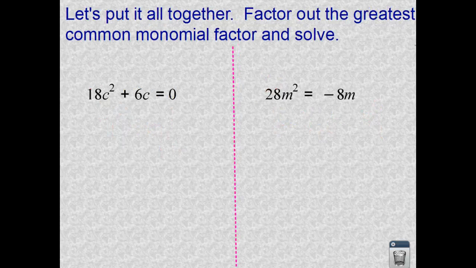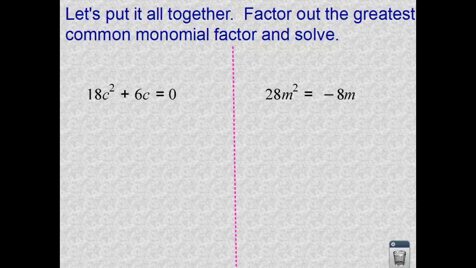All right, so let's put it all together. Now that we know how to factor out, and we know how to solve for the roots or the zeros, let's do all that at one time. Okay, so the first thing we want to do is make sure all of our terms are on one side of the equal sign, and we have our 0 on the other side.